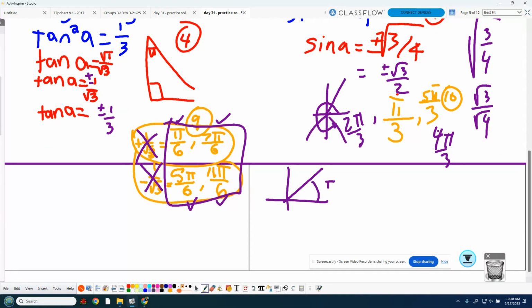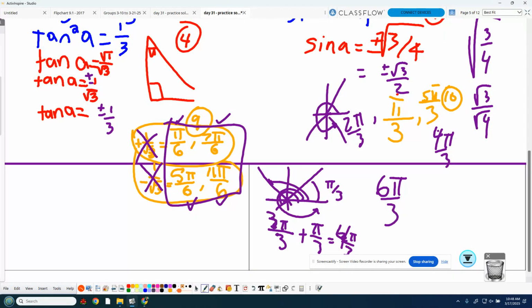So Isaac, when the reference angle is pi over 3, and I know I want all 4 of them, this one over here is a whole pi minus 1/3, which gives me 2 pi over 3. Down here is a whole pi plus 1/3, which gives me 4 pi over 3. The hard one is this guy. Full circle in radians, 2 pi over 3, which is common denominator, 6 pi over 3, minus 1/3.